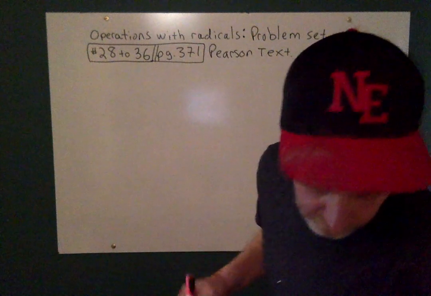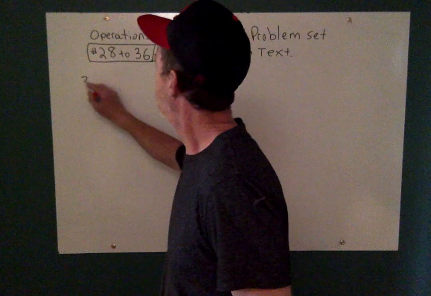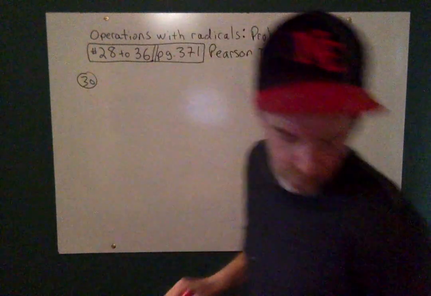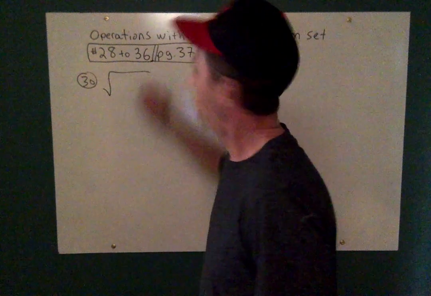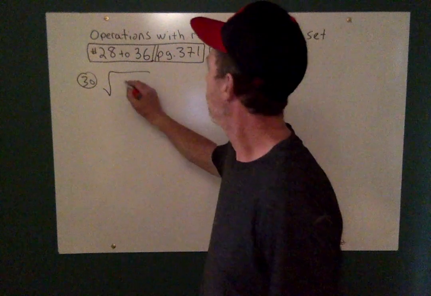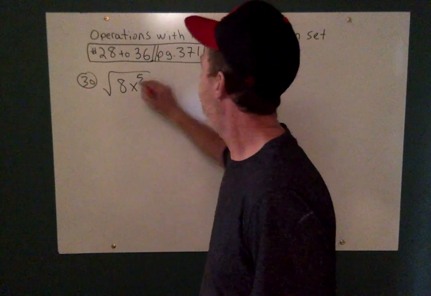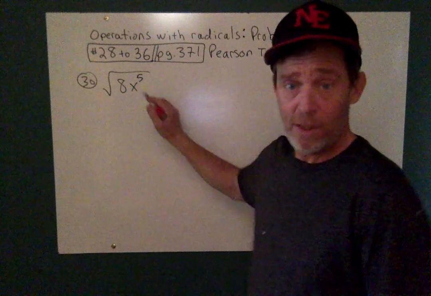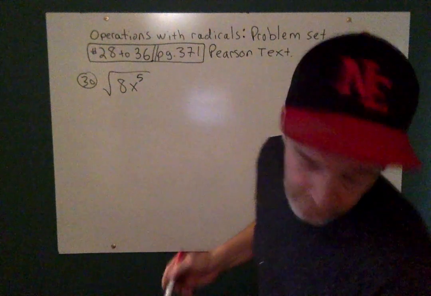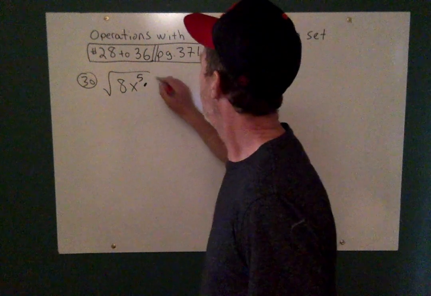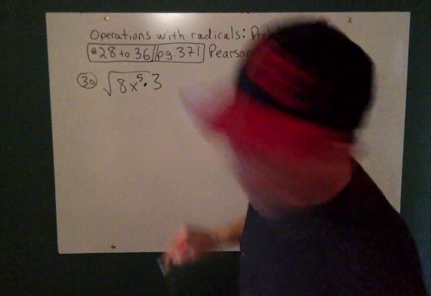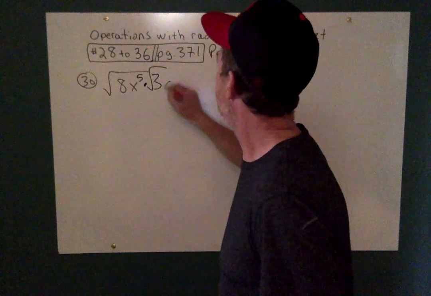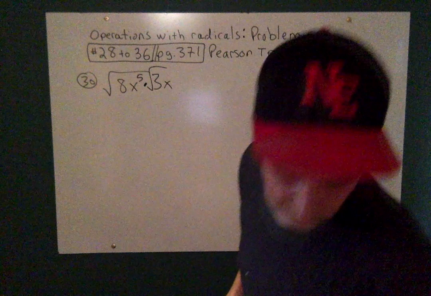All right, number 30. We would have the square root of 8x to the 5th. Now remember, this is even, so we're starting to watch the inside. Times the square root of 3x.